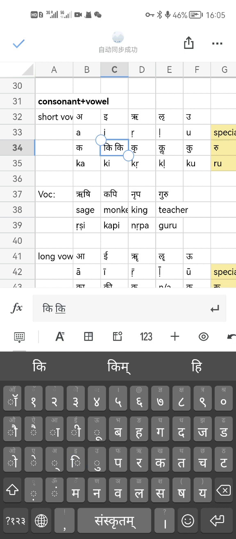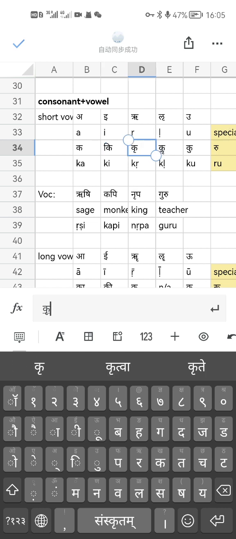So this form is ki, and it sounds like ki. It's written like this. And the same rule applies to all the other consonants. We just use ka as an example.